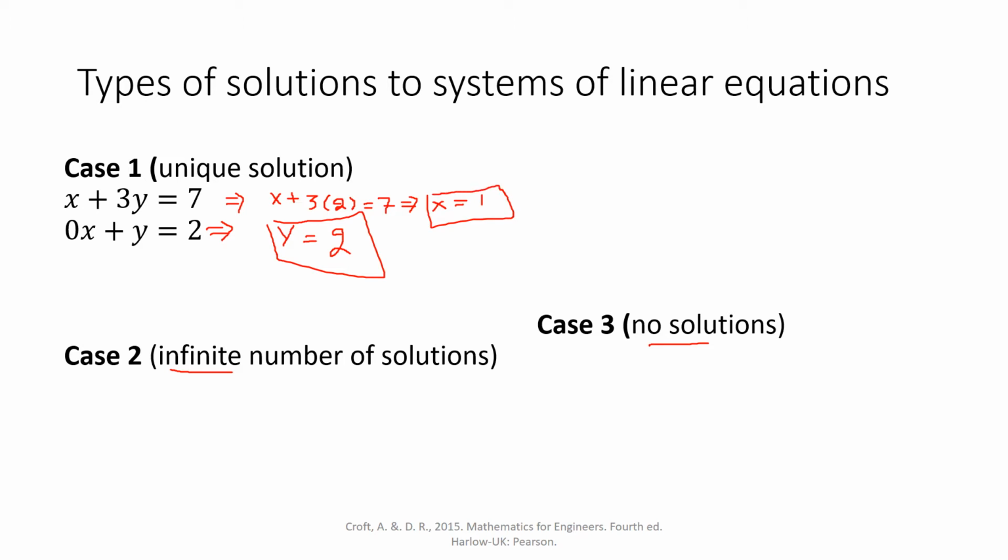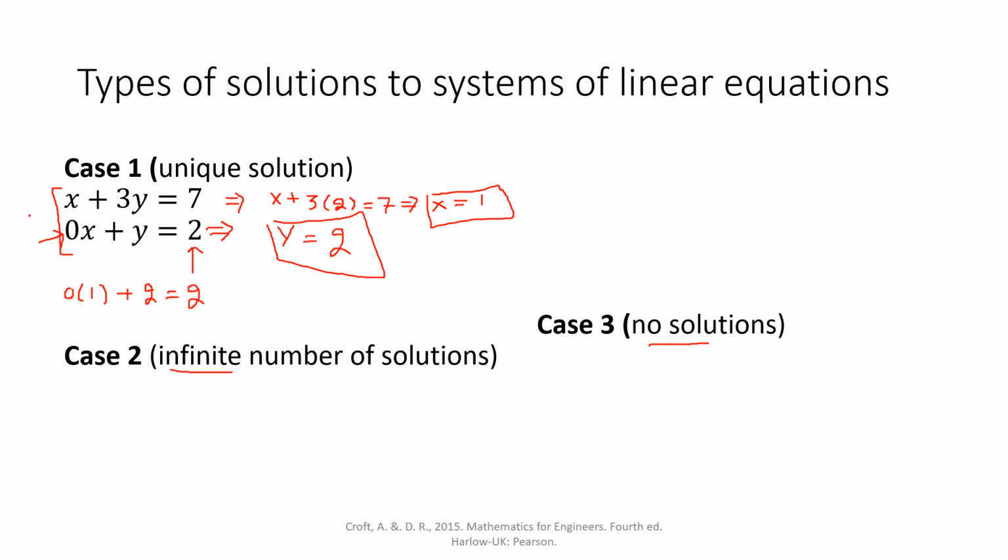There are no other values of x and y which satisfy these equations. If we plug the x value and the y value into the second one, 0 plus 1 times y, which is 2, so you see this comes to 2, which is this 2.